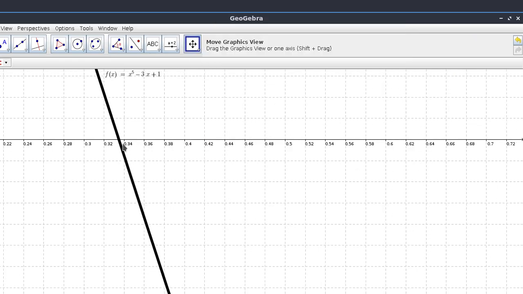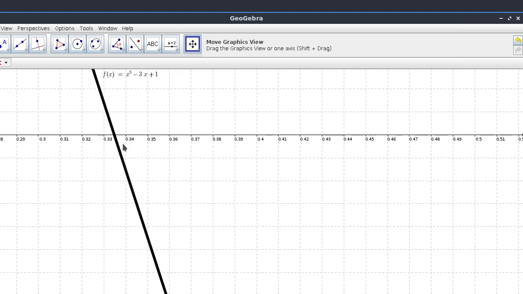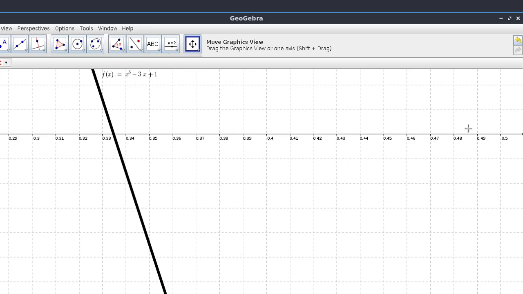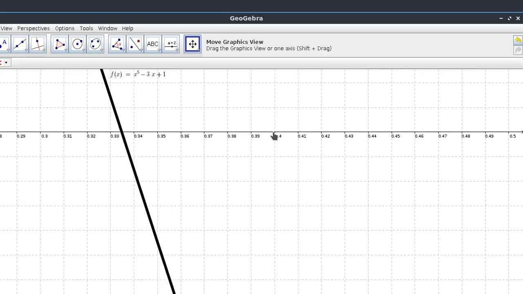So it's 0.334. You see, we were all the way out here, but when we apply the Newton-Raphson method, it got us much closer to the true root, which is quite nice, because it's closer to the root.